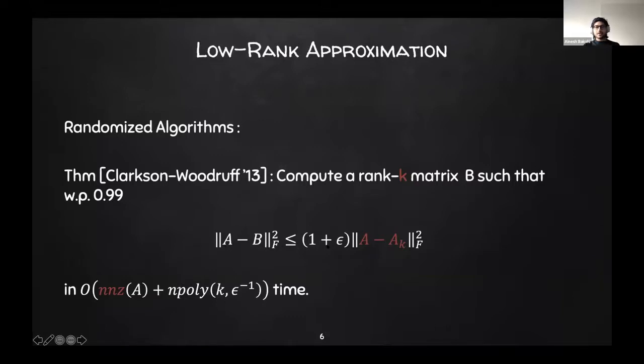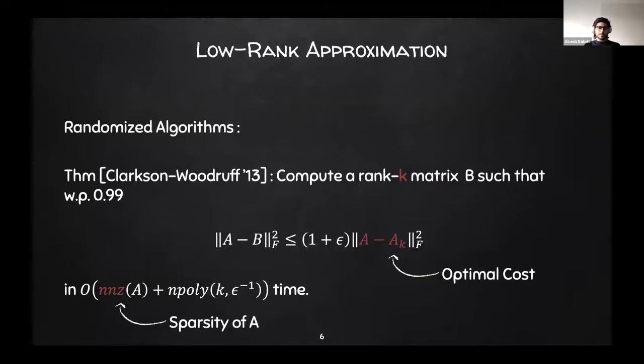In particular, it is at most 1 plus epsilon times the Frobenius norm of A minus A_k, where A_k was the truncated SVD. And this is the optimal cost. And crucially, the running time of this algorithm is linear in the number of non-zero entries in A. So it scales linearly in the sparsity of the matrix.